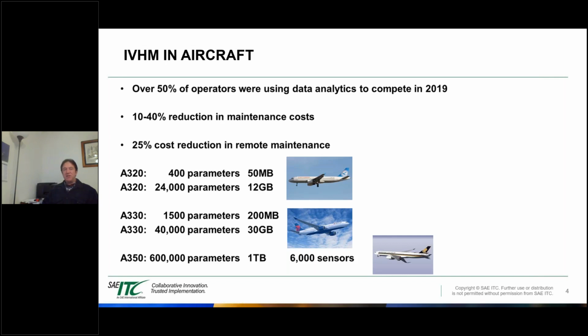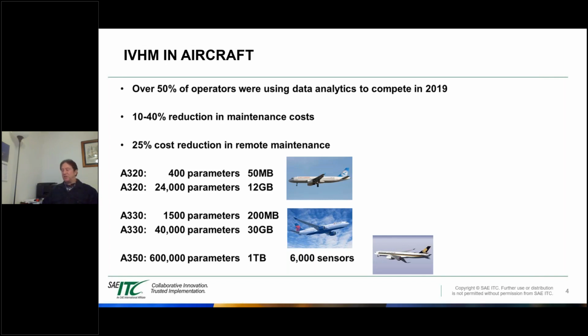And just to give you a feel for how the amount of data being produced has multiplied over the years, the A320 originally had 400 parameters monitored, about 50 megabytes of information per flight. Now we're up to 24,000 parameters, 12 gigabytes per flight. Move into a bigger airplane, the A330, originally at 200 megabytes, now 40,000 parameters and 30 gigabytes.